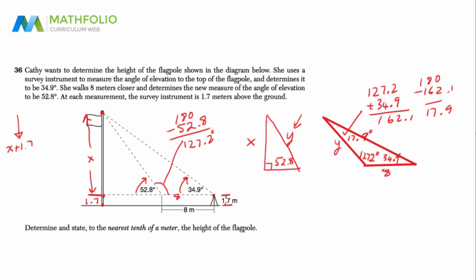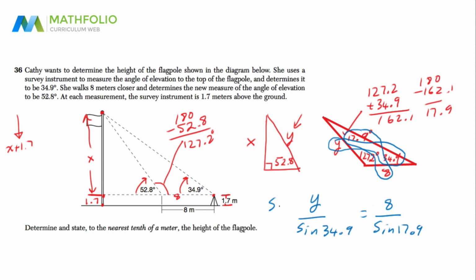So to find y, it's looking like maybe I've got two pairs. I've got this y matches with this, and I've got this 17.9 matches with the 8. Alright, so one thing we've got to do is be very careful how we set this up. It does look like the sine rule. So y is what we need, which is a side, all over sine of the angle opposite, which is the 34.9, and that has to equal 8, which is a side, all over the sine of 17.9.